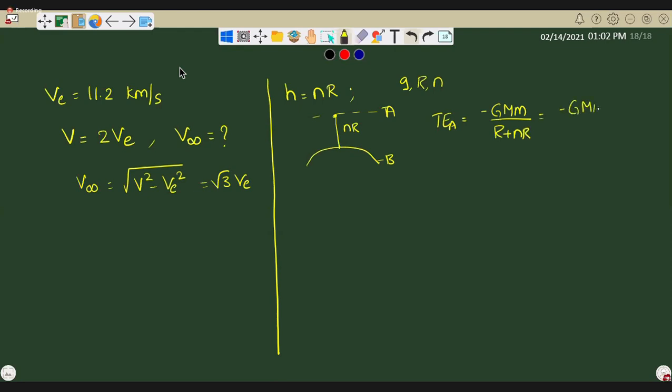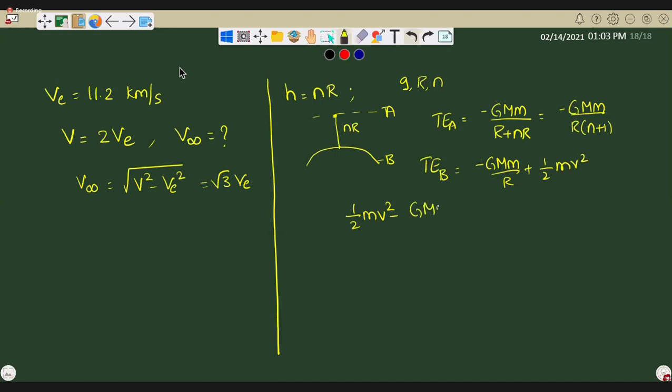So minus G m divided by R taken common, n plus 1. What is your total energy at B? Minus G M m by R plus half m v square. Very good. So this v square we have to find.